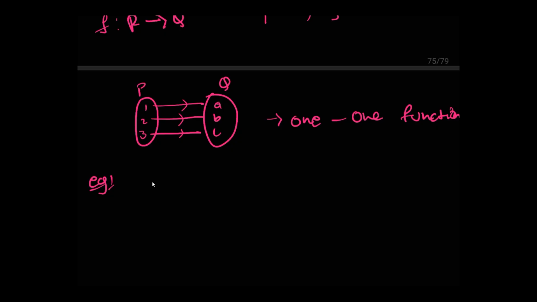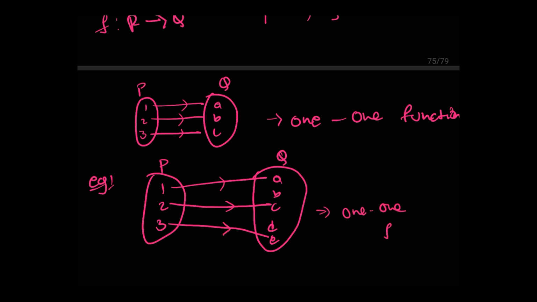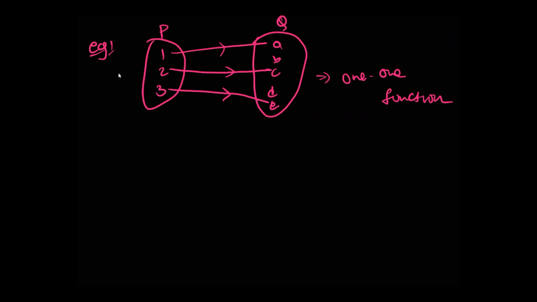We can take another example. Let us take 1, 2, 3 as P, Q as a, b, c, d, e. Then this is also a one-to-one function. 1 goes to a, 2 goes to c, 3 goes to e.